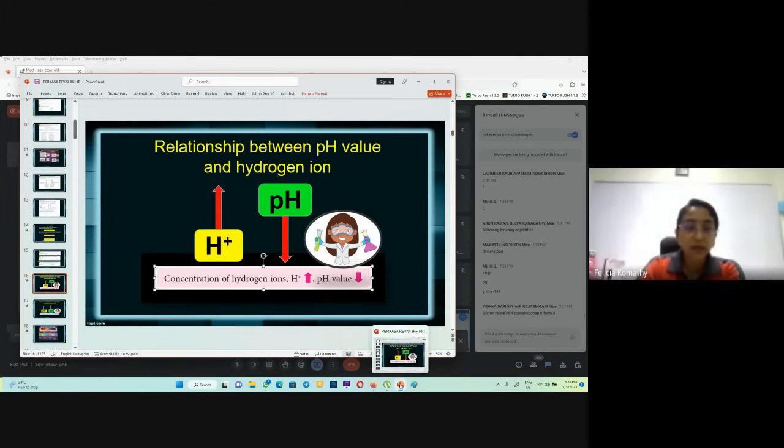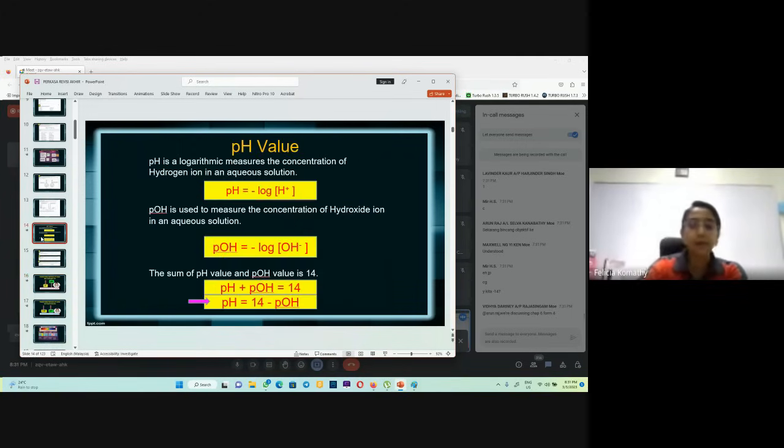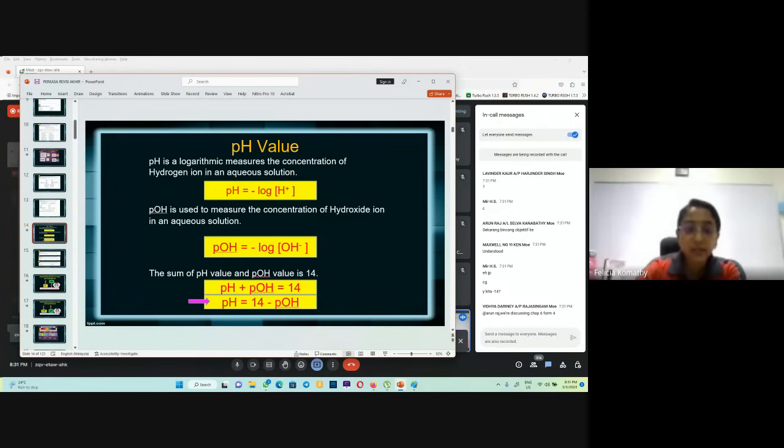Okay, student, please look at this formula. If it's pH, it's only for acid, right? You get negative log hydrogen ion, you get the answer already. But for pOH, what's the connection between pH and pOH? pH must be 14 minus the pOH. Barium hydroxide is an alkali. An alkali must use pOH. So how to get the pH for an alkali?